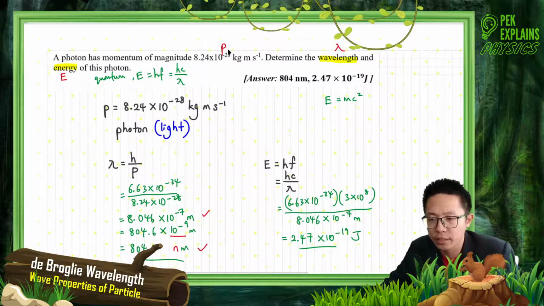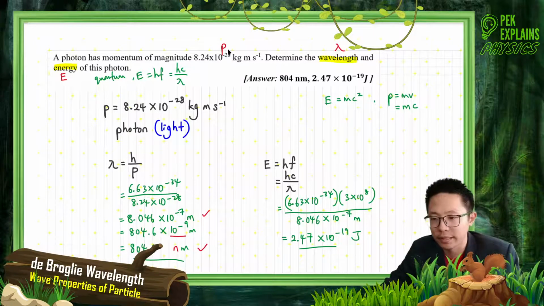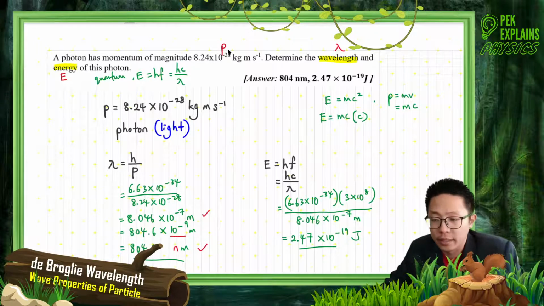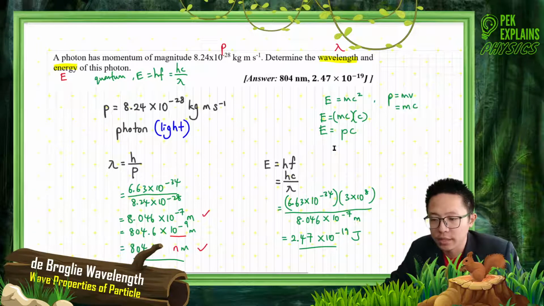Momentum P. From here, we can see momentum is actually mass times velocity. The velocity for light is the speed of light, c. So here we can make it mc times c, because c squared. So this mc becomes the P. So the energy of the photon is actually the momentum of the photon multiplied by the speed of light.